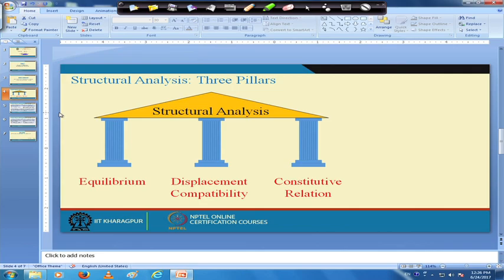Okay. Now, what we do quickly is let us introduce what is displacement measurement. That was our objective. You see, the entire concept of structural analysis, at least for this course that we are studying, is based on 3 pillars. Okay. And what are those 3 pillars?